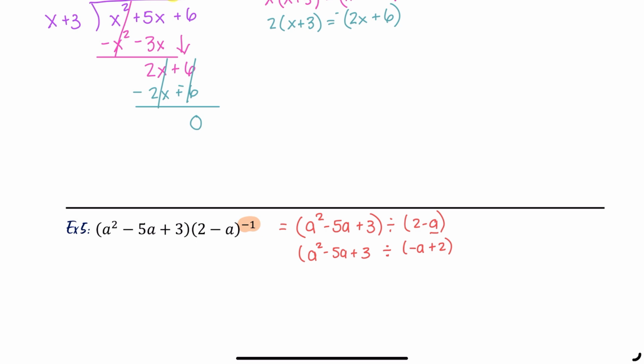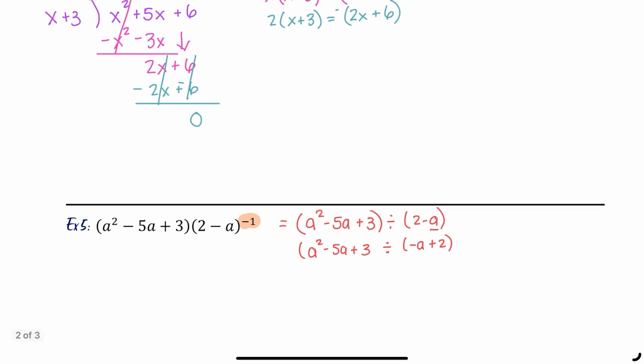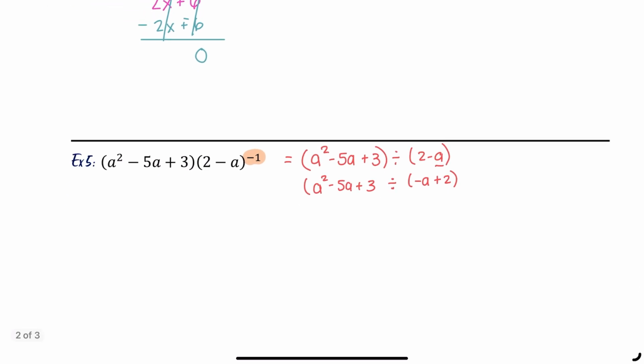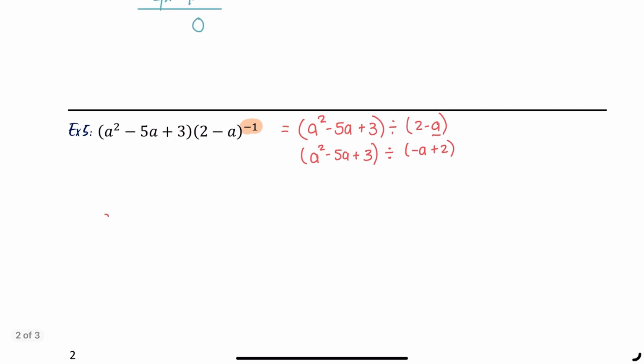All I'm doing is rewriting it so that my variable term comes first in my divisor. So now when I go ahead to write my long division problem, I'm going to have a squared minus 5a plus 3, and I'm going to divide that by a negative a plus 2.